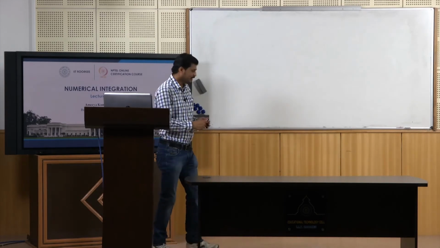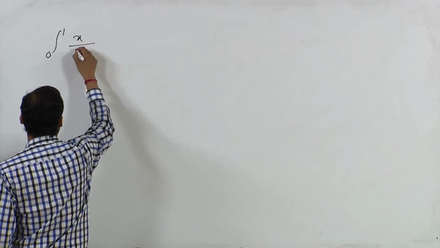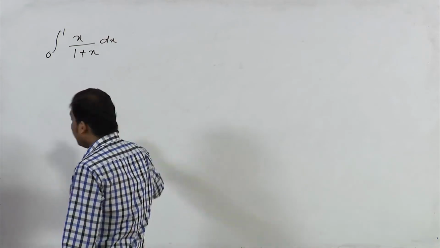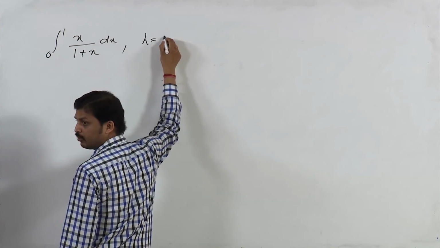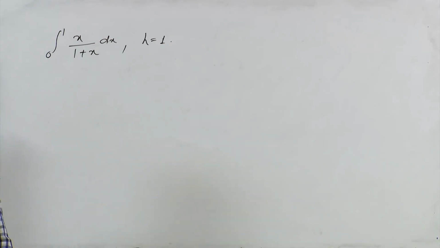Suppose this integration is asked, 0 to 1 of x by 1 plus x dx, and the step size given is 1. So, using the trapezoidal rule, solve this integral.